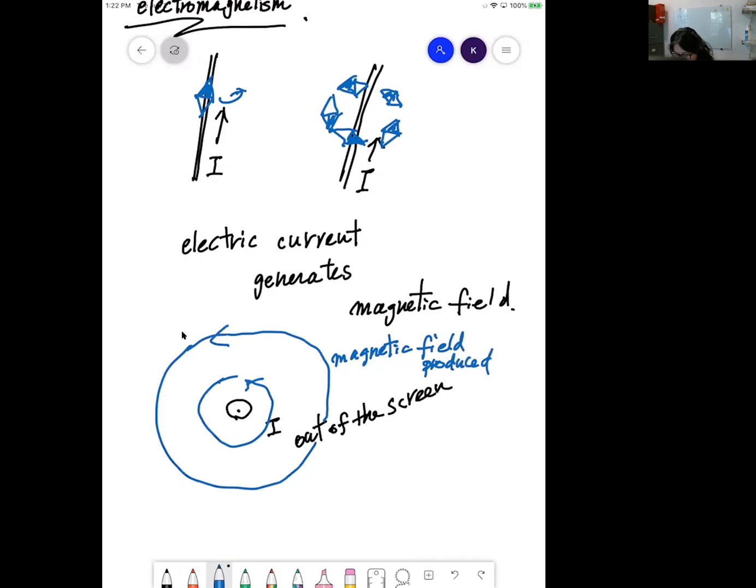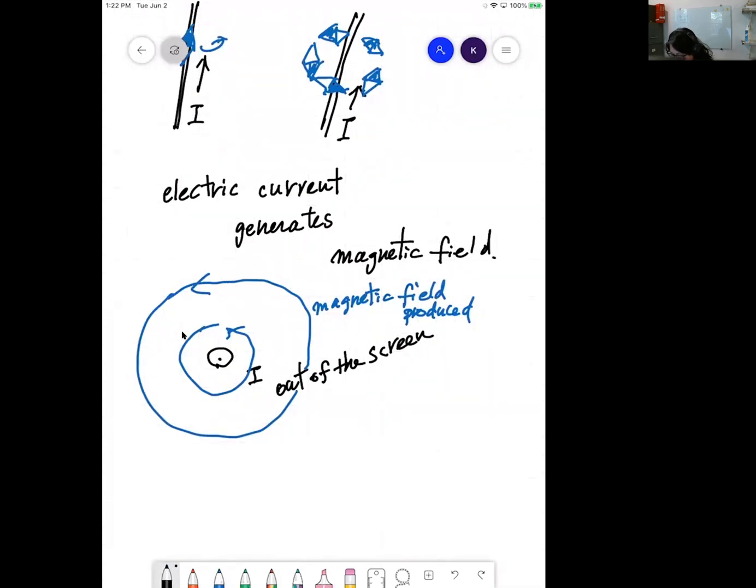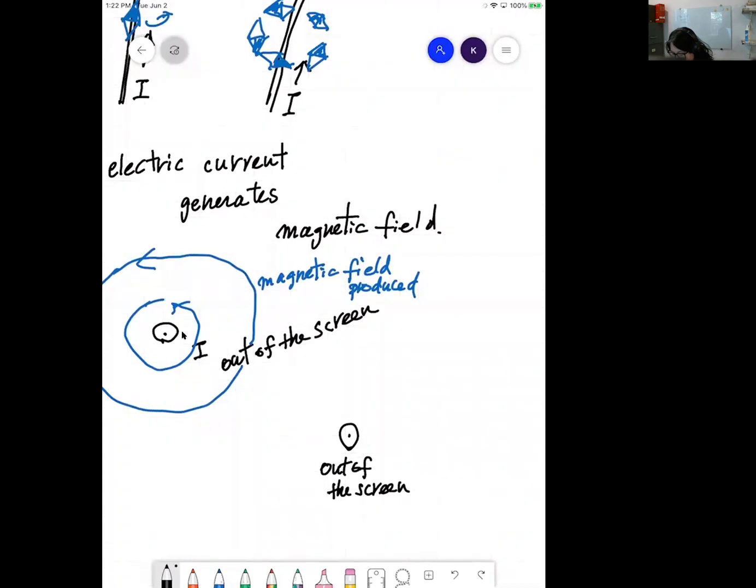By the way, a mark like this means out of the screen or the page, and a mark like this means into the screen, to show that dimension. The circle means out of the screen, and the cross means into the screen.